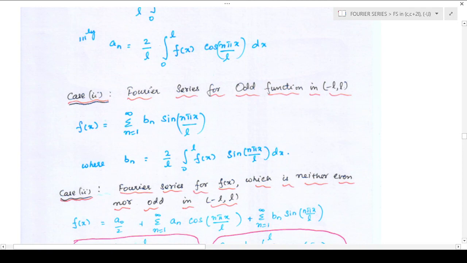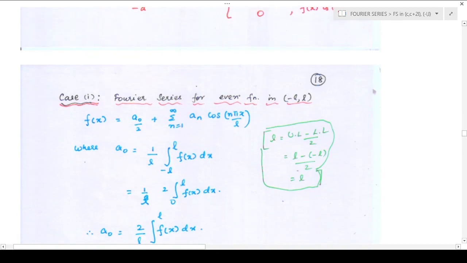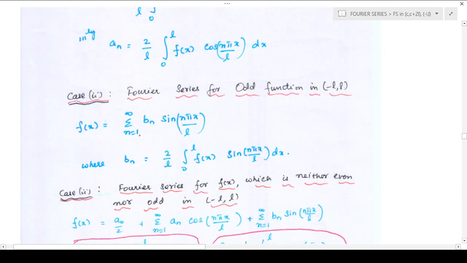Okay. Then second one, for odd function, already I have told you here, a naught and an are 0. So in your Fourier series you will be getting only bn sin n pi x by L, where summation n equal to 1 to infinity varies. Where bn is 2 by L, integral 0 to L f of x sin n pi x by L into dx.